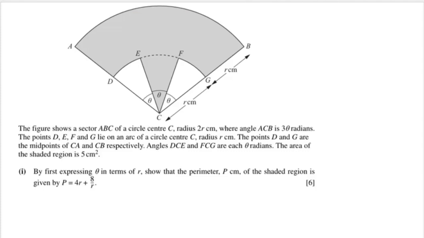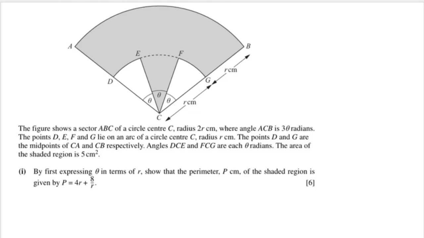Let's see. The points D, E, F and G lie on an arc of a circle center C. So these D, E, F, G, this is another sector inside a bigger sector, and its center is C and radius r. The points D and G are the midpoints of CA and CB.